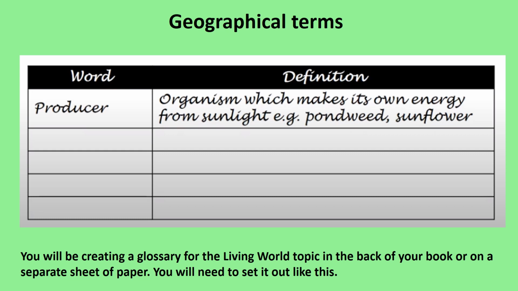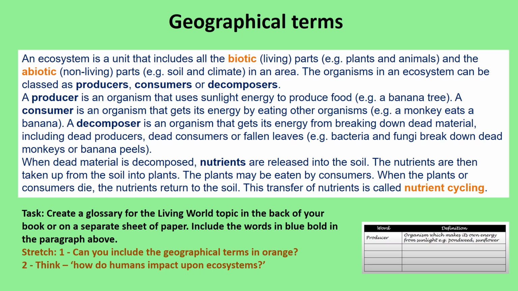You will be adding to this glossary progressively throughout this topic. So today we'll start with the key terms that you just saw in bold in the paragraph on the screen just before. As we started off this glossary for you, for producer, we've got the definition of a producer. You can see the definition of a producer in the bottom right hand corner of the screen.